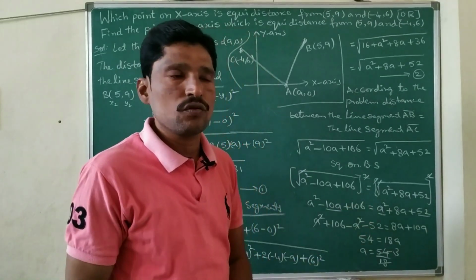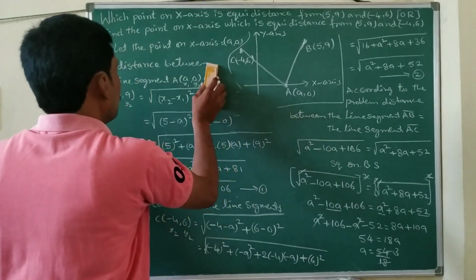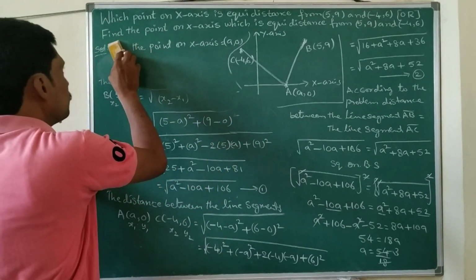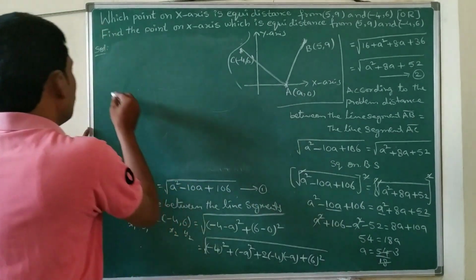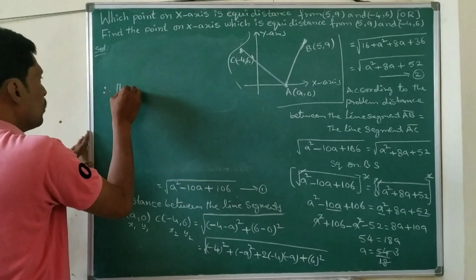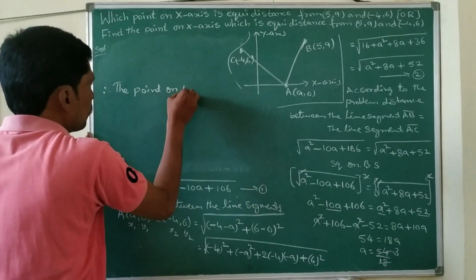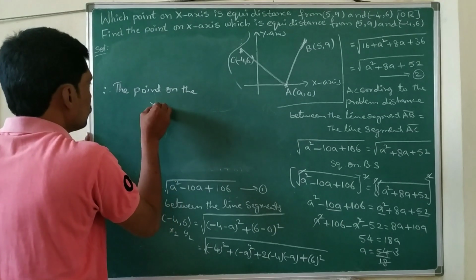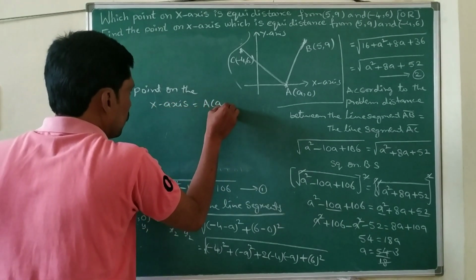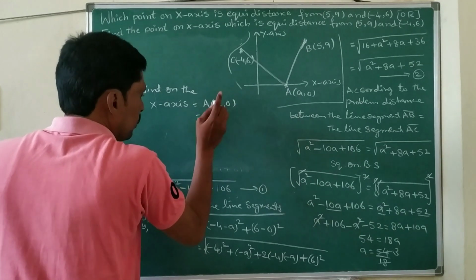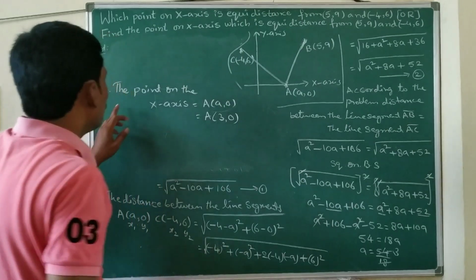The conclusion also we need to write. Therefore, the point on the x-axis equals (a, 0) that we took, and the value of a we got is 3, so the point is (3, 0).